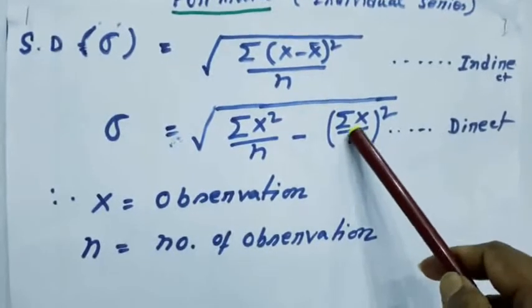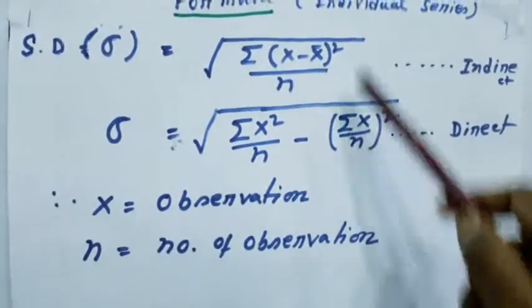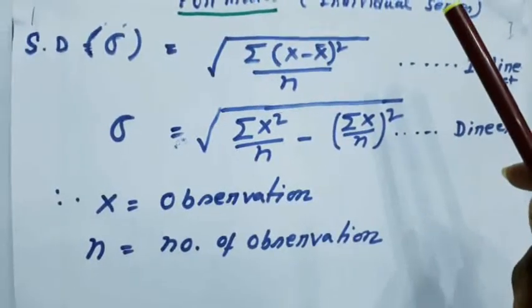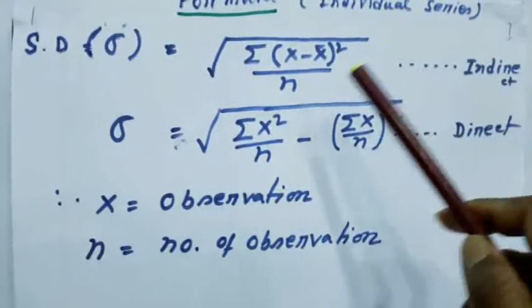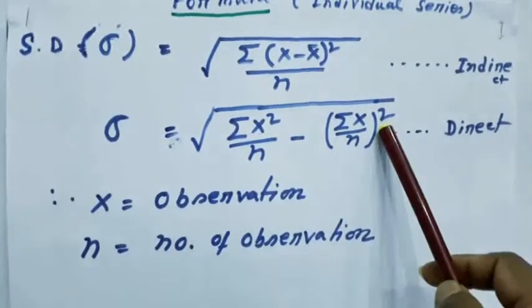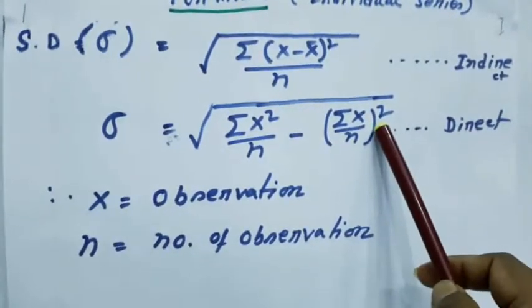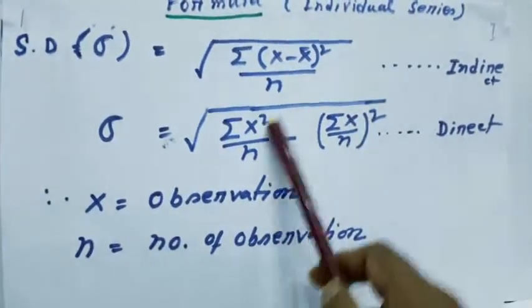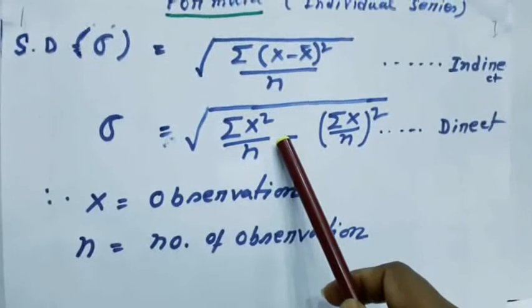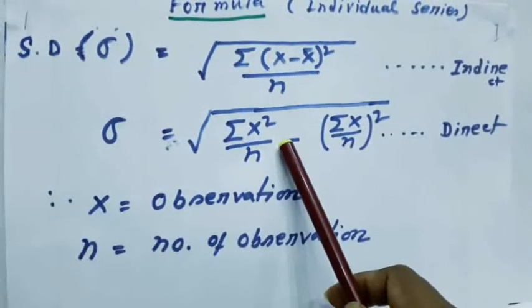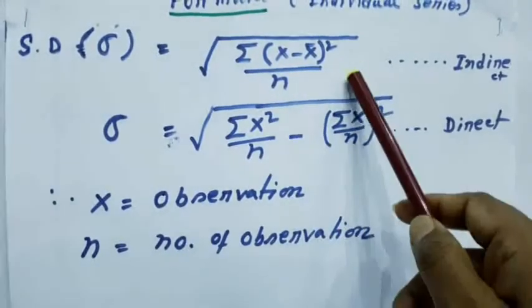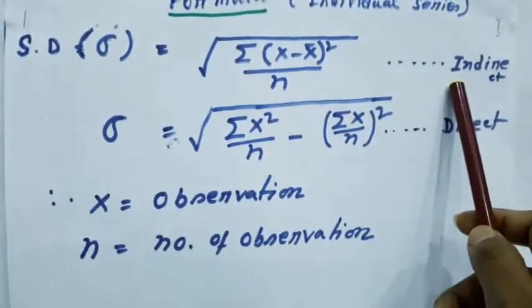Now the question is where we will use these two formulas. These two formulas are the same, but when the size of the data is small, then we can directly use this formula. But when the size of the data is very large, then we will go to this indirect method.